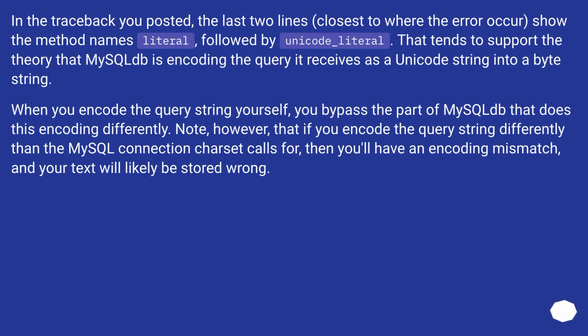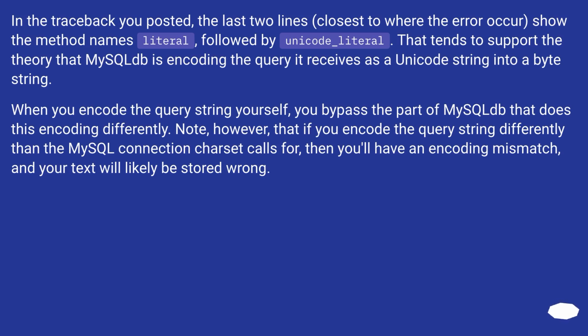In the traceback you posted, the last two lines, closest to where the error occurs, show the method names literal followed by unicode_literal. That tends to support the theory that MySQLdb is encoding the query it receives as a Unicode string into a byte string. When you encode the query string yourself, you bypass the part of MySQLdb that does this encoding differently.